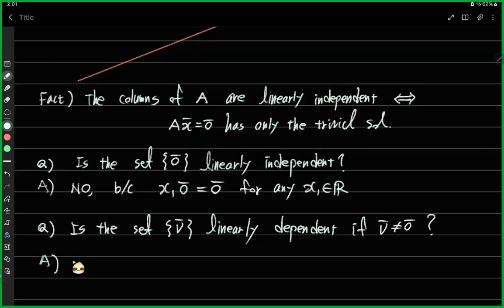The answer is yes? Why? Because x1 times v equals the 0 vector only if x1 equals 0, since v is a non-zero column vector.